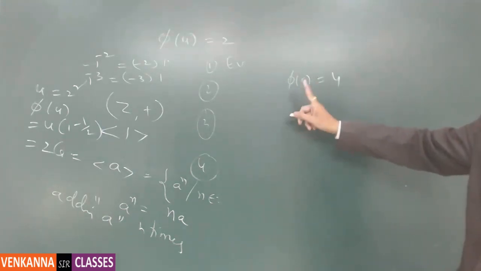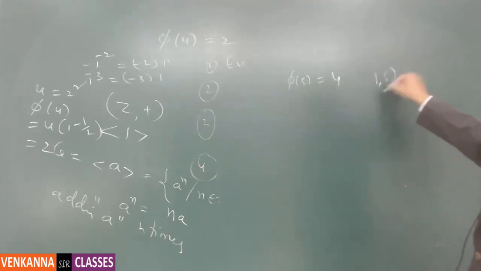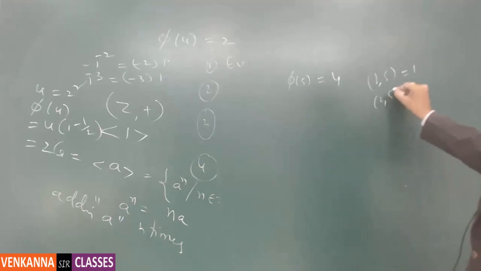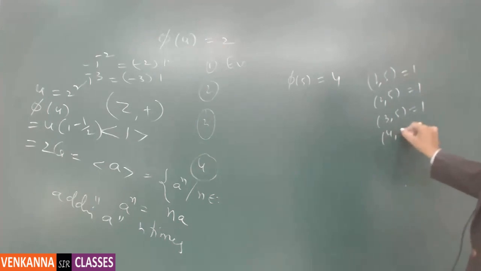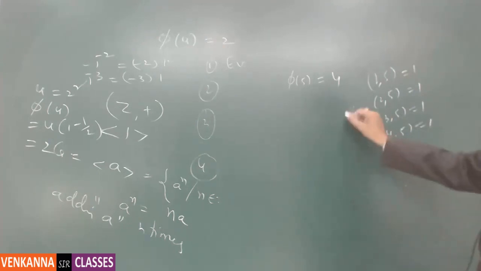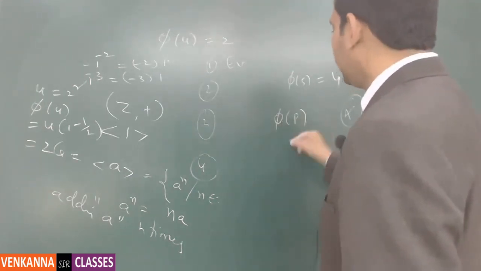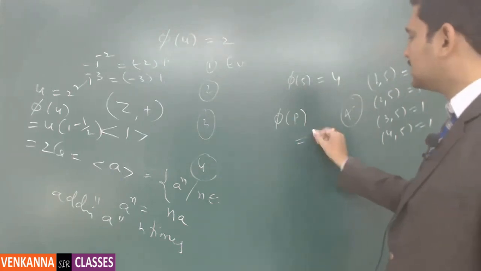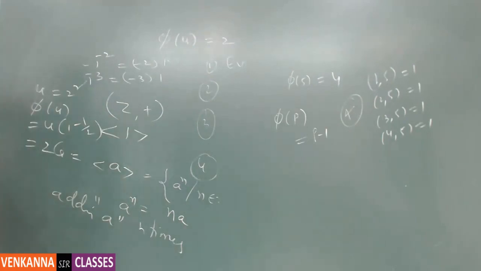So every number which is less than 5 is always relatively prime to 5, because GCD of 1 comma 5 is 1, GCD of 2 comma 5 is 1, GCD of 3 comma 5 is 1, GCD of 4 comma 5 is 1. So you will get 4 generators. If you calculate phi of p, where p is a prime number, it is nothing but p minus 1. That is the interesting issue you can observe. So if the group order is a prime number p, you will get p minus 1 generators.